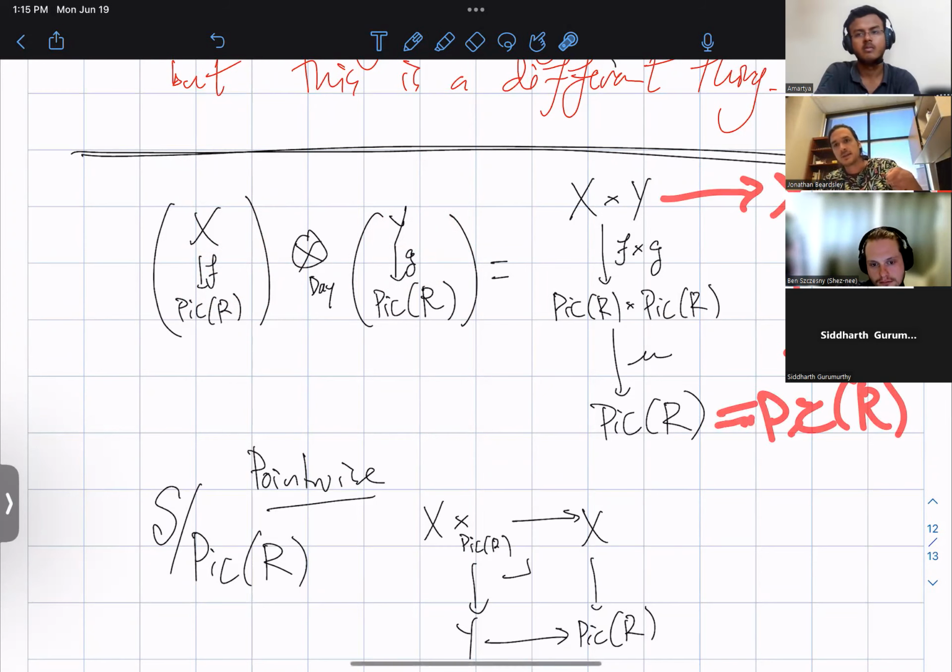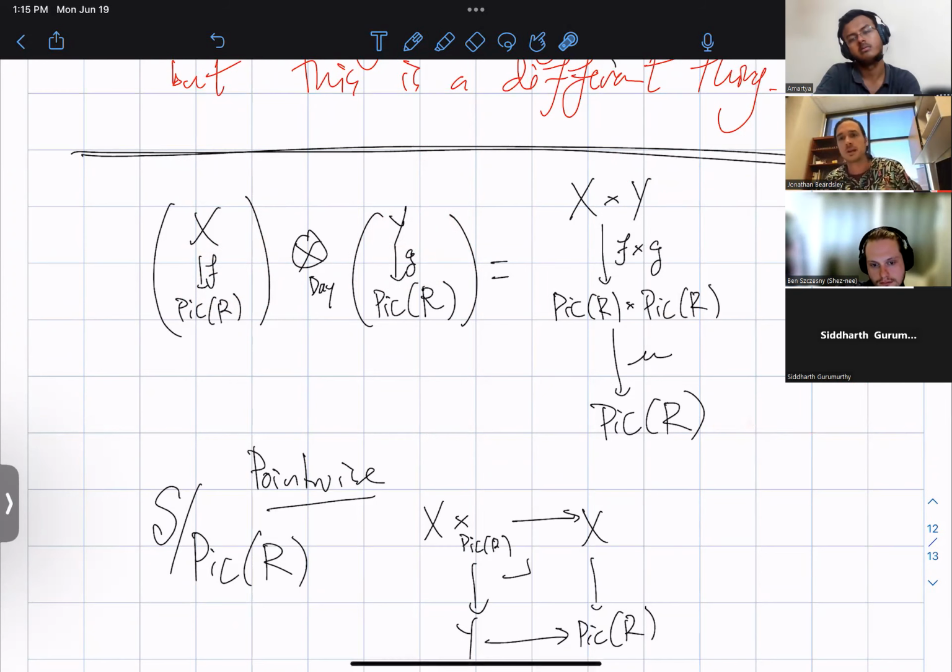And so then you get that X comma F is an E_n algebra in the category of spaces over Pic R.